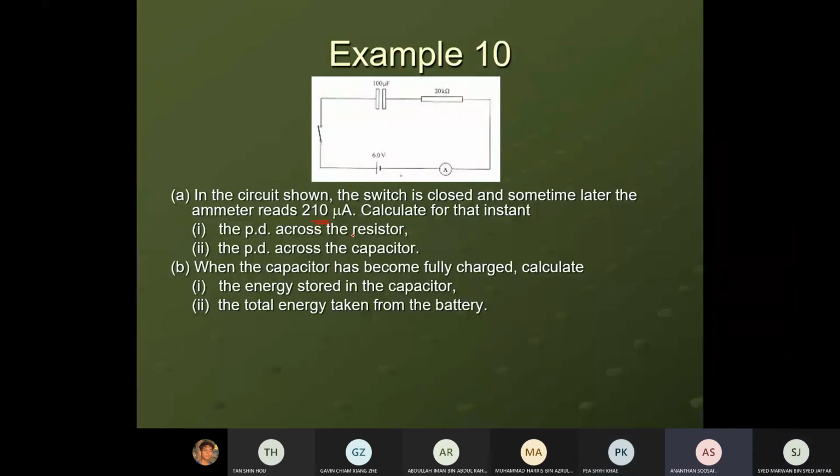Calculate for that instant the PD across the resistor. The resistor is 20 kilo ohm, the current flow is 200 microampere. What is the PD across the resistor, VR? What formula? I times R will give you the voltage across the resistance. So 200 microampere times the resistance 20 kilo ohm will give you VR.